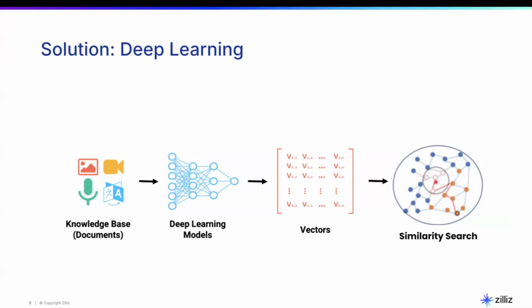And unlike the bag of words, these vector features actually capture the relationship between different words or different images. And so what we can do is a similarity search in this high-dimensional vector space to find related entities to our search entity.